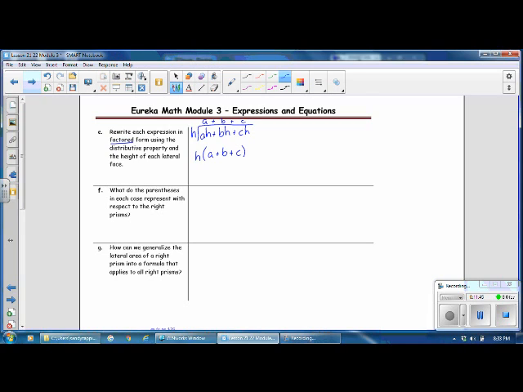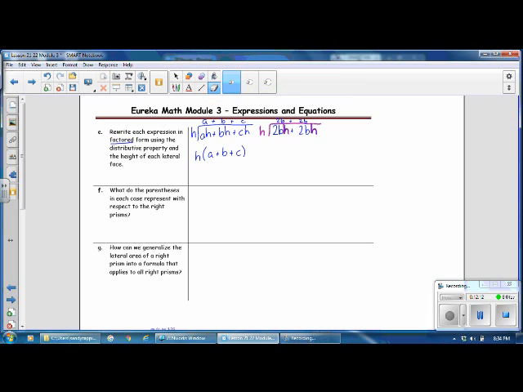The other figure, the right rectangular prism, had a lateral area of 2 times the base times the height plus 2 times the base times the height. So we can factor out the height. And that leaves us with 2b plus 2a.